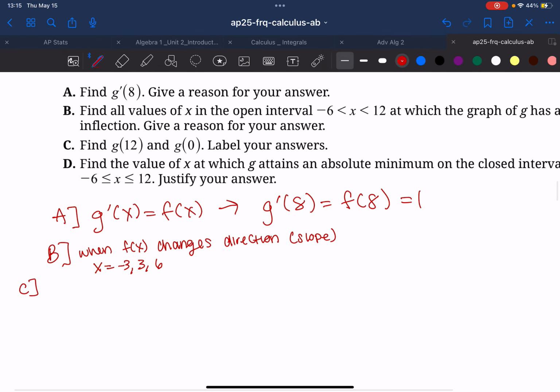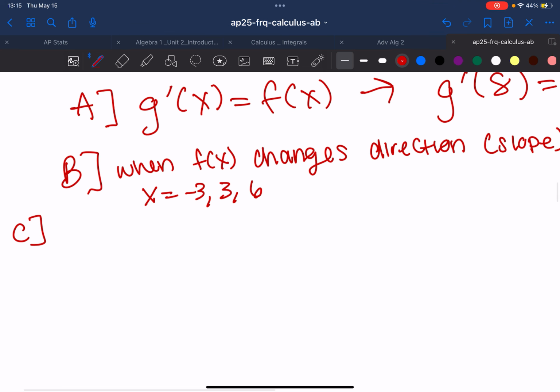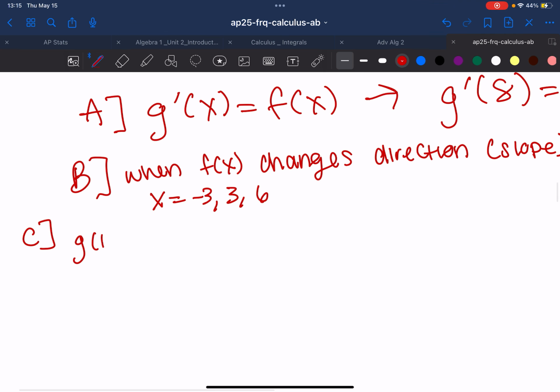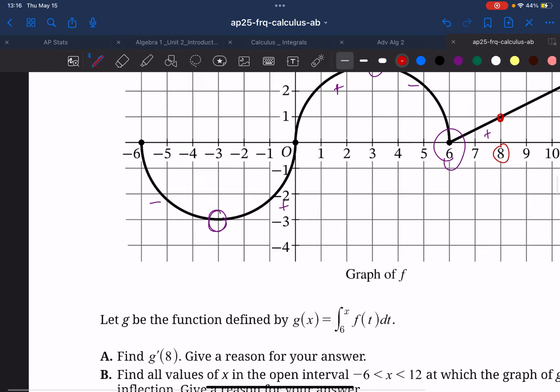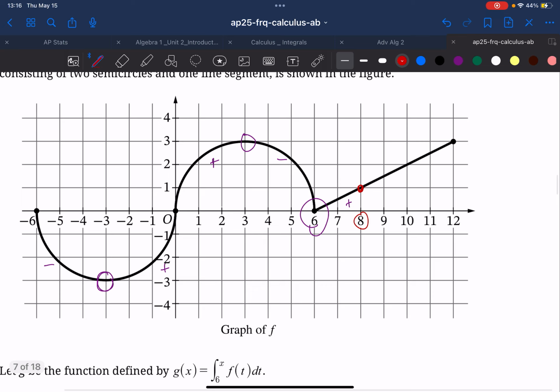Part C says find g of 12 and g of 0, label your answers. Okay, well, g of 12 is going to be the integral from 6 to 12 of f of x dx. And if we look at 6 to 12, we're finding the area. Notice that from 6 to 12, I have a triangle.